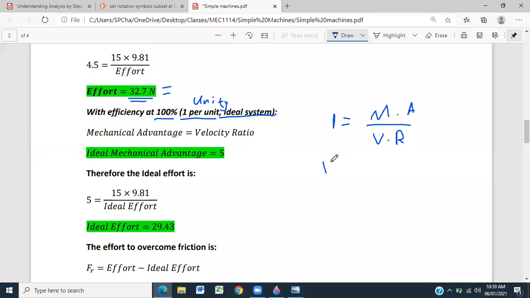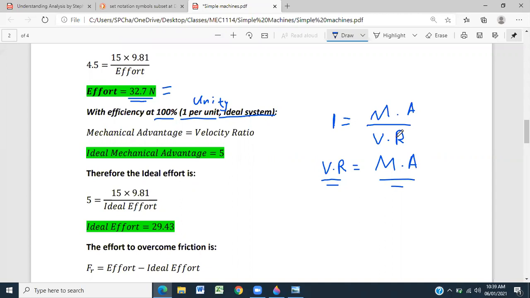We find that in an ideal system, the velocity ratio is equal to the mechanical advantage. So we find our trade-off, which is the extra distance we have to travel as a factor versus the extra force we get, are equal. These two are equal in an ideal system.